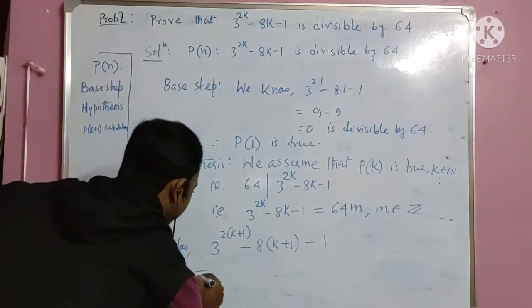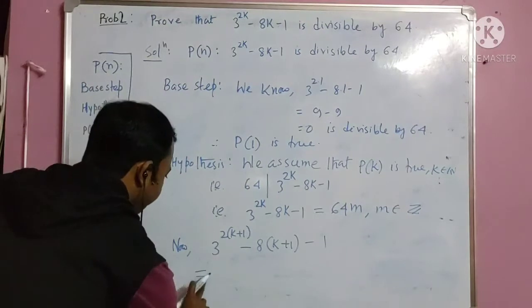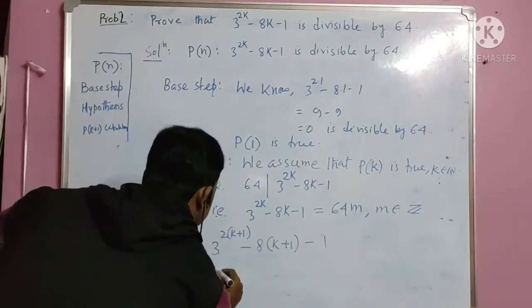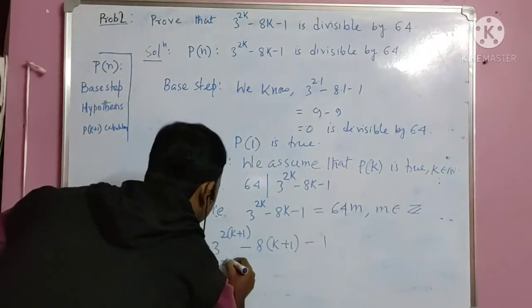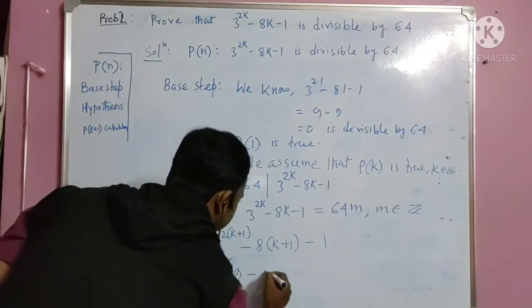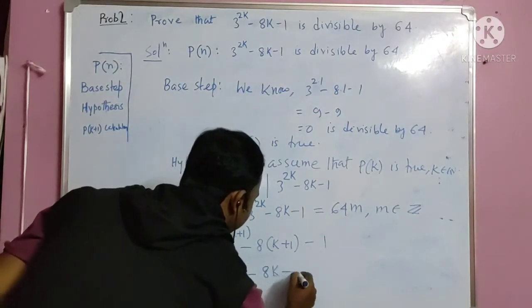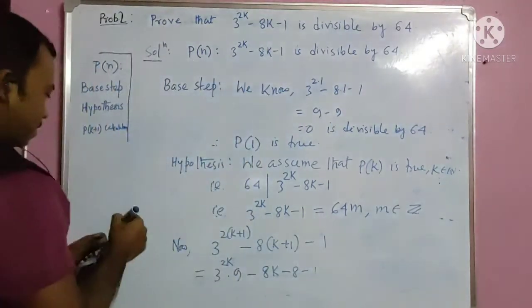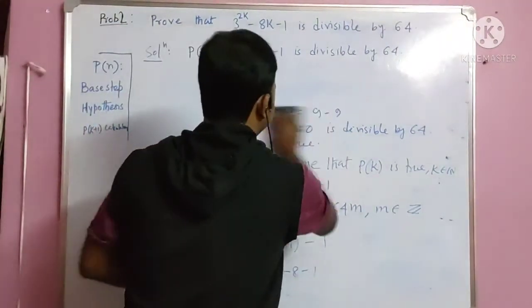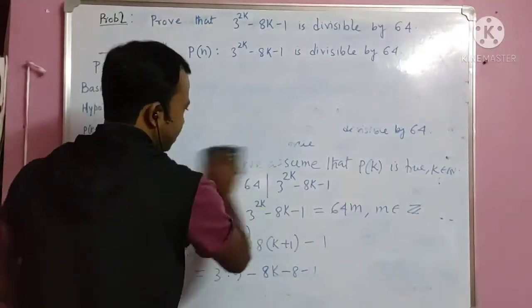First, on simplification, you have to simplify so that it looks like Pk type, minus 8 minus 1. So this is what we get on simplification.